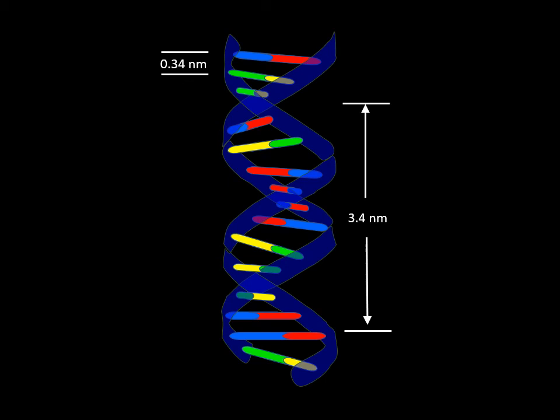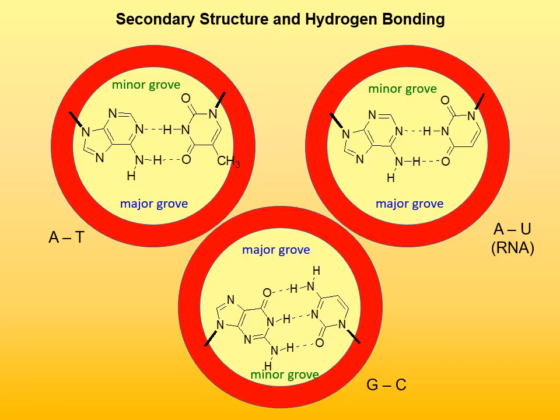In a double helix of DNA, we can also identify major groove and minor groove. And here is a view of the DNA double helix from the top. So the sugar-phosphate backbone is shown as a red circle. Of course, it's a spiral. Since we view it from the top, it appears as a circle.